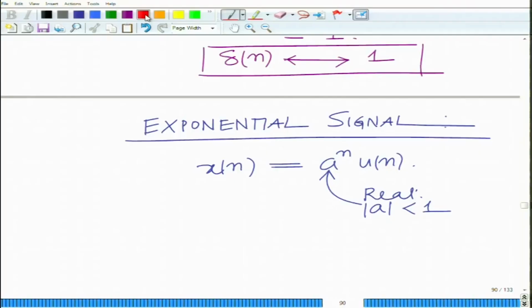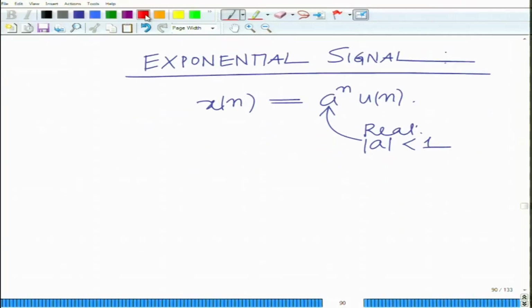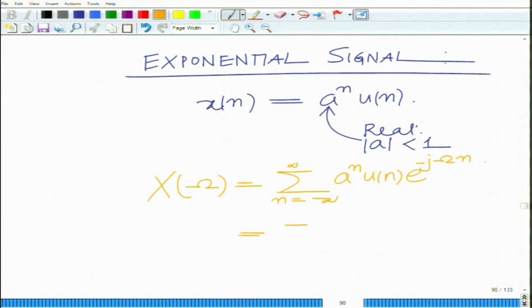Now, for this we have the DTFT X of omega equals the sum n equals minus infinity to infinity a to the n u[n] e raised to minus j omega n. u[n] is non-zero only for n greater than or equal to 0, and for n greater than or equal to 0 it is 1.